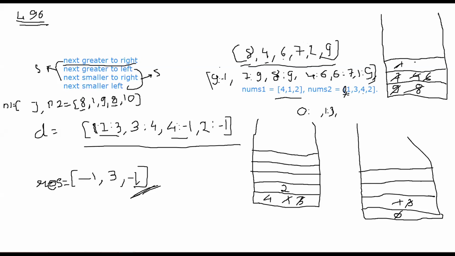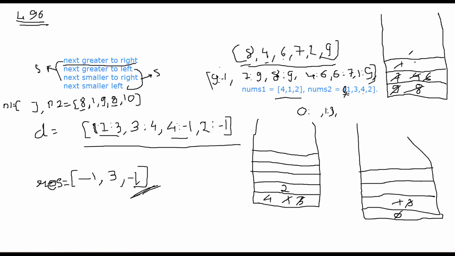I don't think the order will be ascending or descending somewhere, or will it be? Yeah, I think it will be, because as soon as you find a bigger number, you just pop it out from the top of the stack.